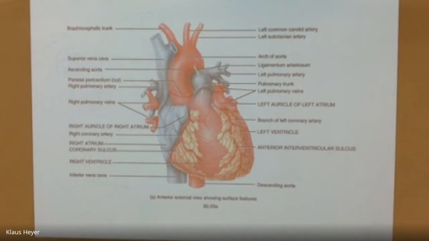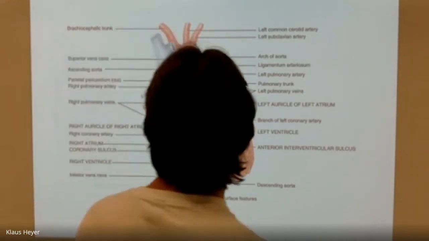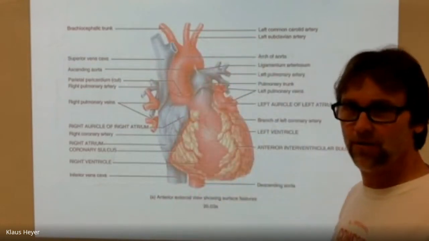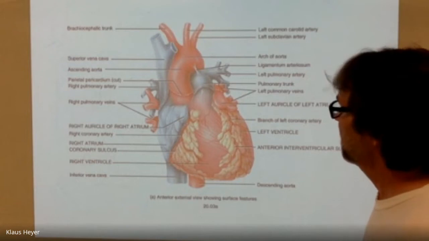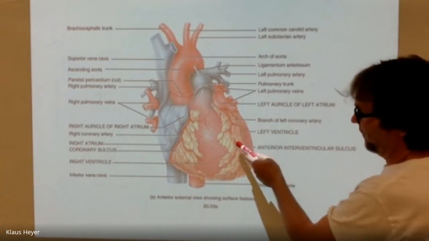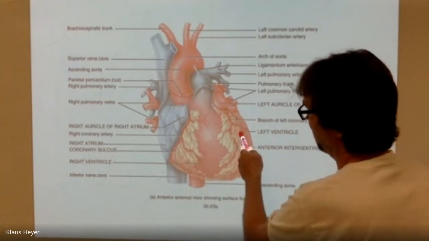Let's see if I can find you a good picture of it. I don't have one with this. You know what? Let me just open this up. I've got another slide where there's a frontal section. But before I go into it, you can see some blood vessels on the outside here, like these red ones.